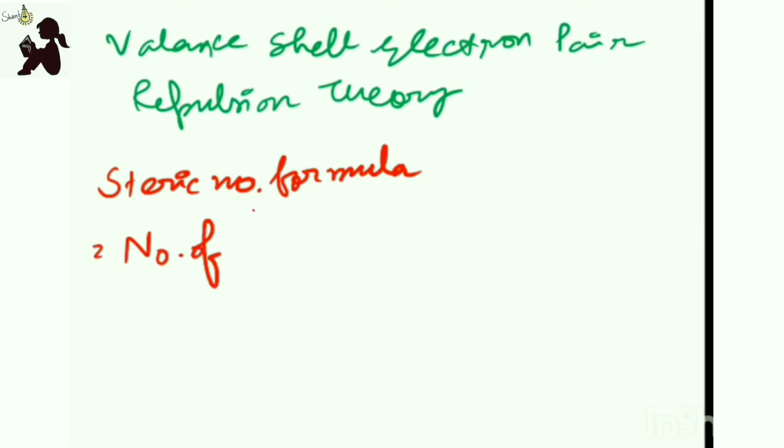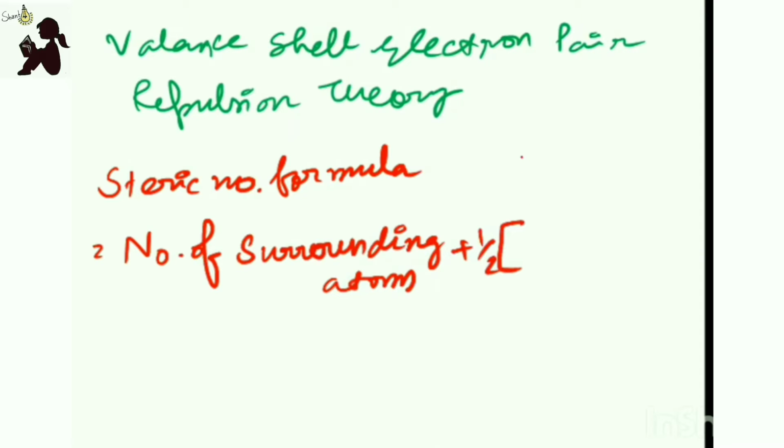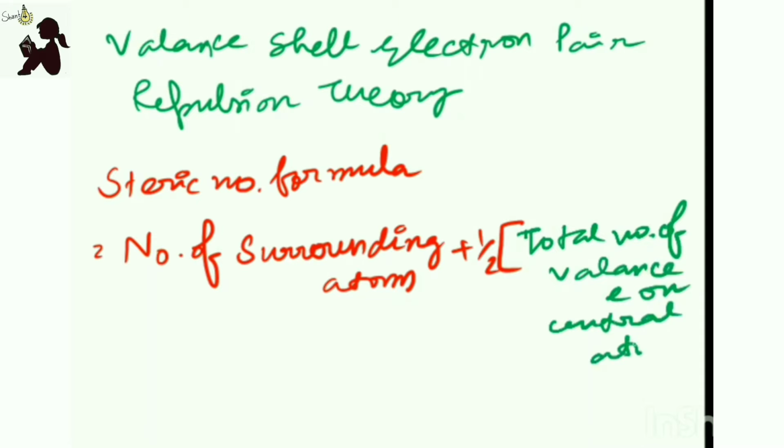It is the number of surrounding atoms plus half into the total number of valence electrons on the central atom, minus the valency of the total surrounding atoms.